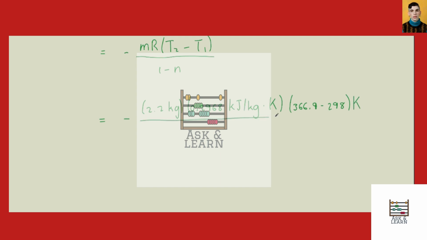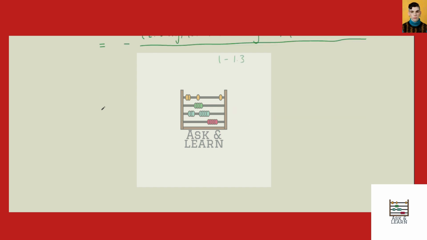This is all divided by 1 minus n, which is 1 minus 1.3. And so we get the boundary work into the system to be 149.9 kilojoules.